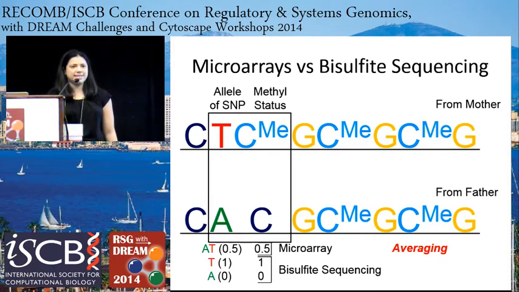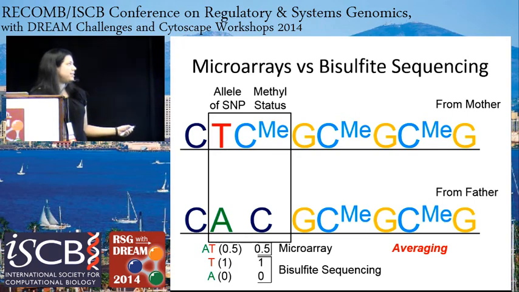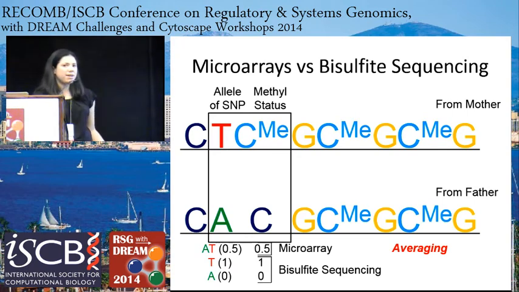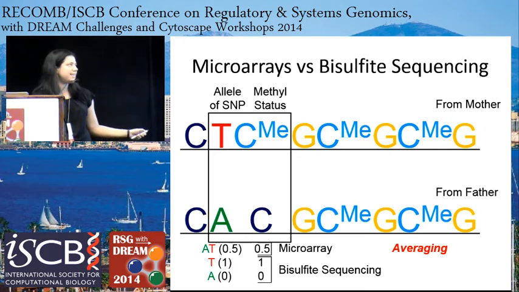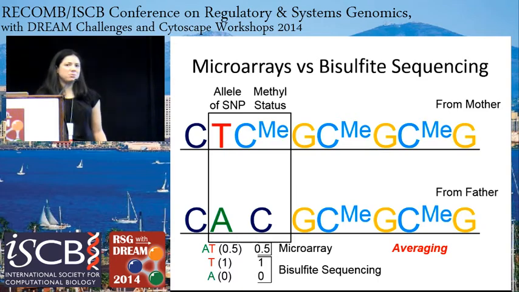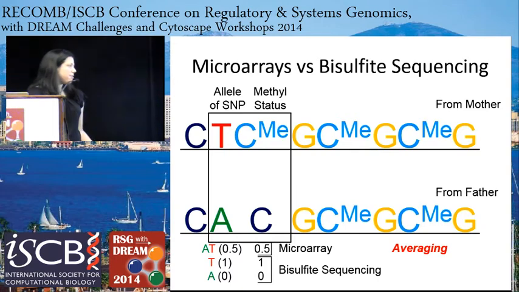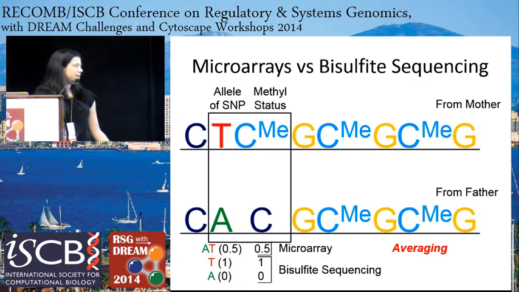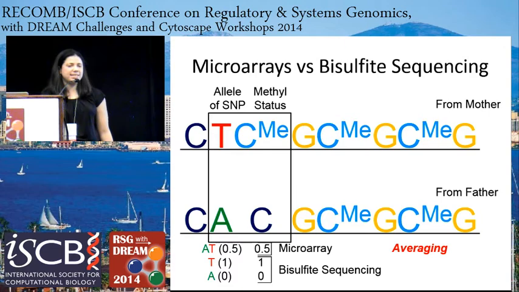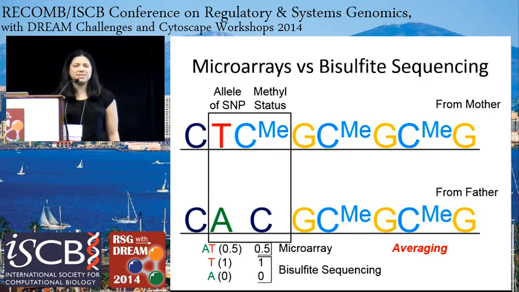In whole genome bisulfite sequencing, we'll have a T allele, which we'll call allele 1, being associated with a methylation status of methylated, which we'll call methylation status 1. For the A allele, which we'll call allele 0, we'll see a methylation status of 0 because our cytosine is not methylated. Now, if we imagine an MQTL with this pattern for which all of our individuals are heterozygotes, for our methylation microarrays, we'll see many 0.5s associated with many 0.5s, so we will not be able to detect the association.